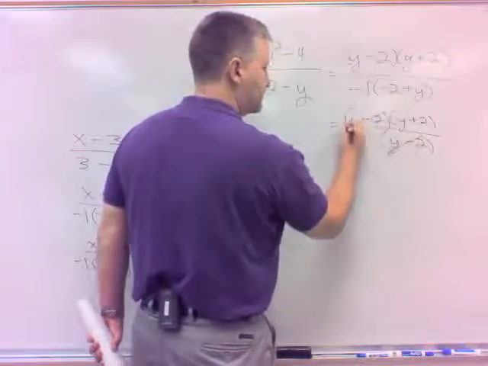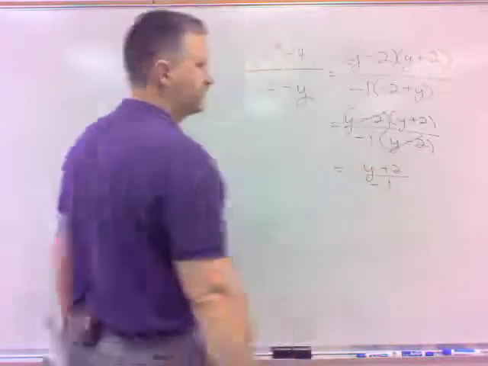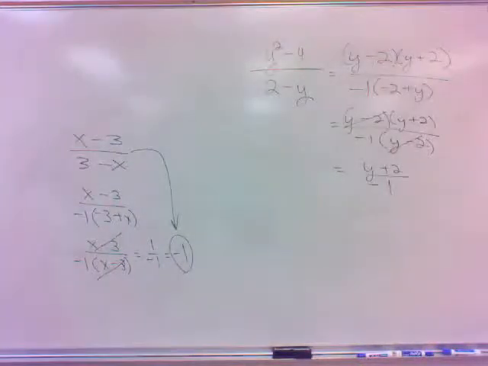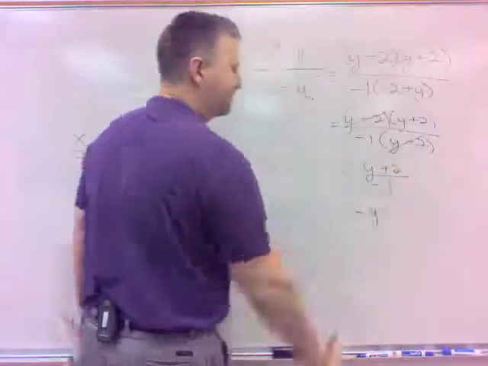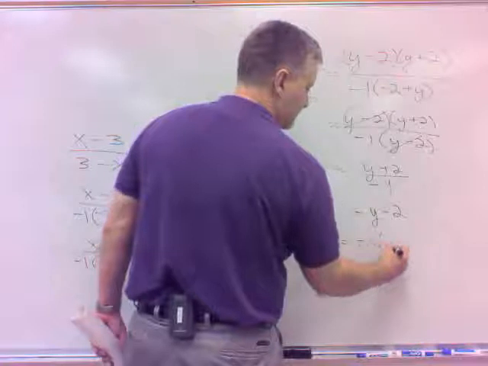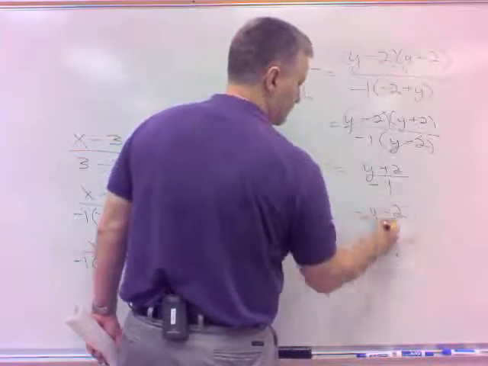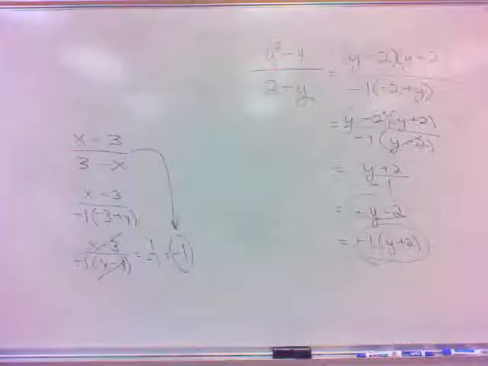The y minus 2's do cancel, so I'll wind up with, well, something similar we just talked about. We have y plus 2 over minus 1, which is probably simpler. Divide those both by minus 1 or factor off the minus 1. Either one of those would probably work. See that? Okay.